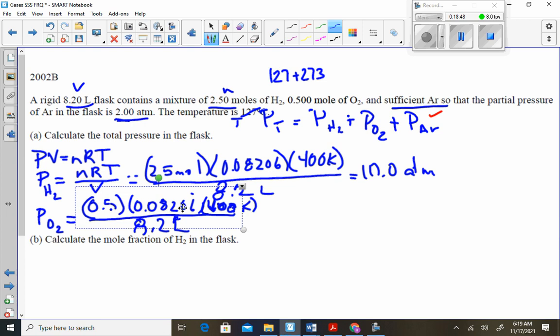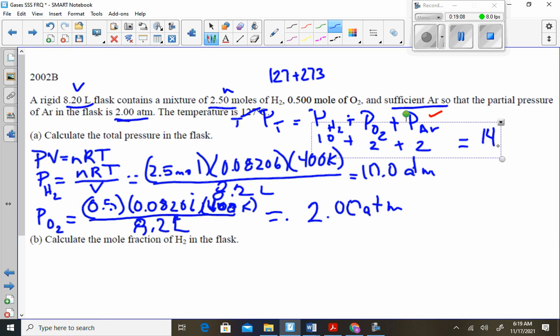And so when we do that one, we get 2 atmospheres.